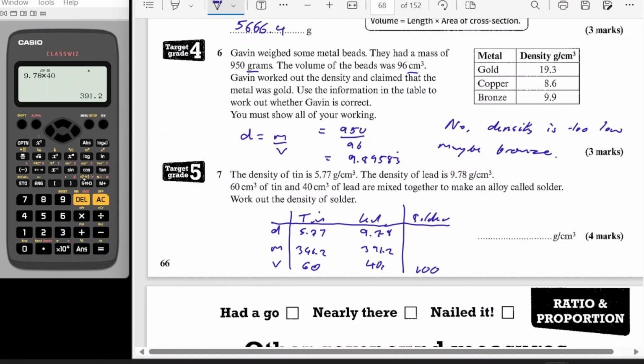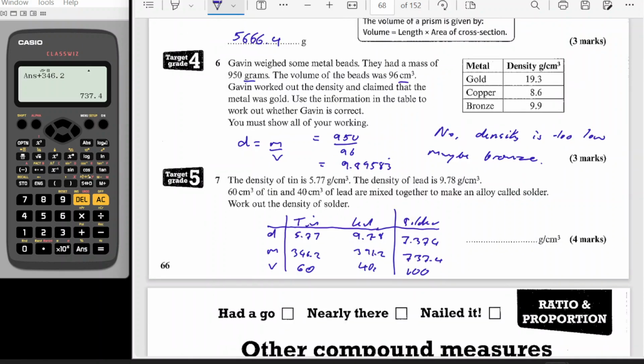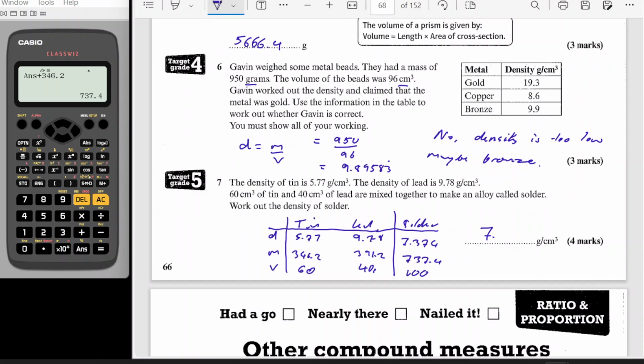So the combined mass is going to be 391.2 plus 346.2, which is 737.4. So we want the density, which is going to be mass divided by volume. We can divide that by 100 quite easily, so it's going to be 7.374. That tends to be how I would do any combined density question. I always split it into a little table. I just found it set out quite nicely there.